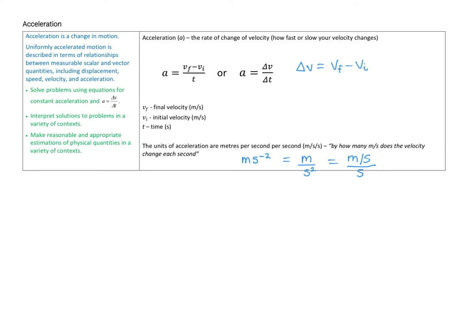But generally we would write either metres per second per second, or ms to the minus 2. But they mean exactly the same thing. If you know the initial and final velocity, divide by the time, it's fairly straightforward to work out the acceleration.